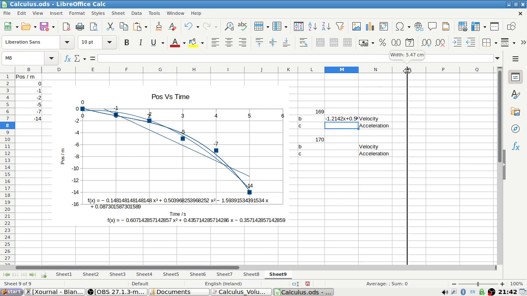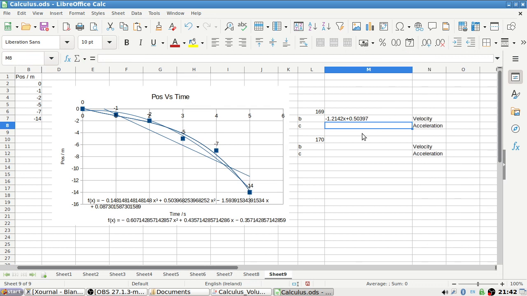Okay. And then a derivative again: minus 1.2142. Oh, well, I shouldn't really say x, should I? I should put in t. I think on the last page I left it as x. Okay.